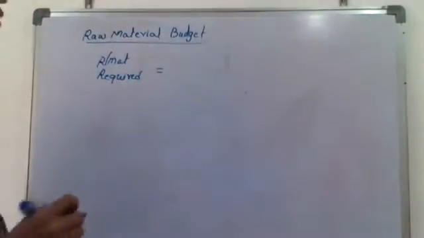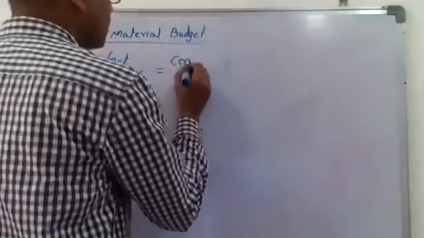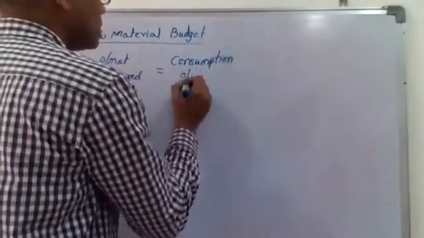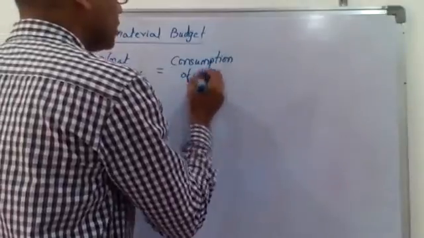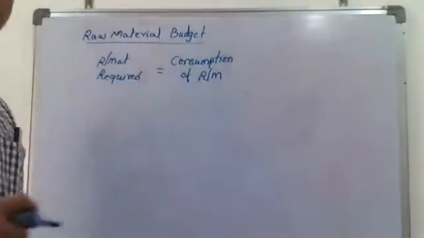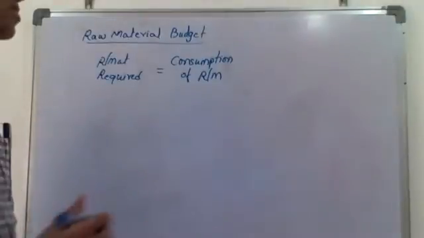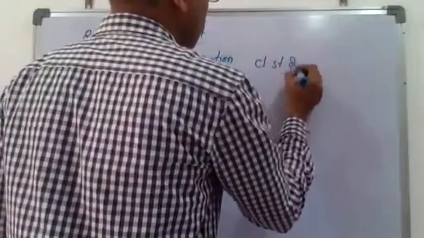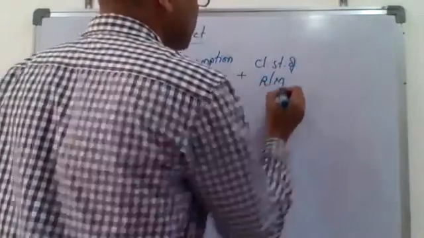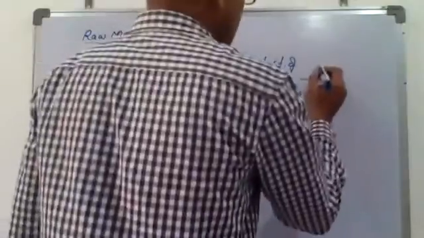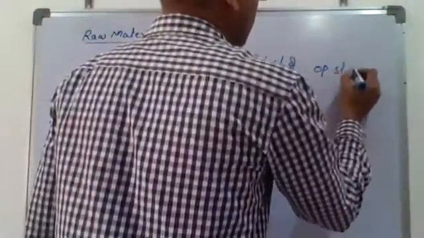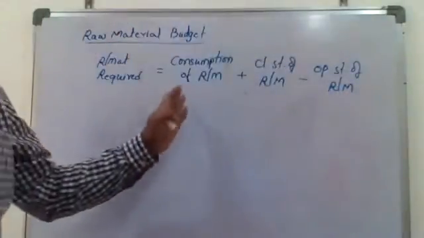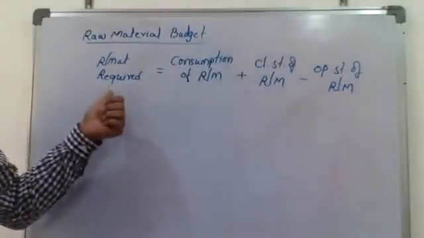It is always equal to the consumption of raw material, the units of raw material you are going to consume in the production process, plus closing stock of raw material minus opening stock of raw material. See, this is on the same lines as what we prepared for production units.